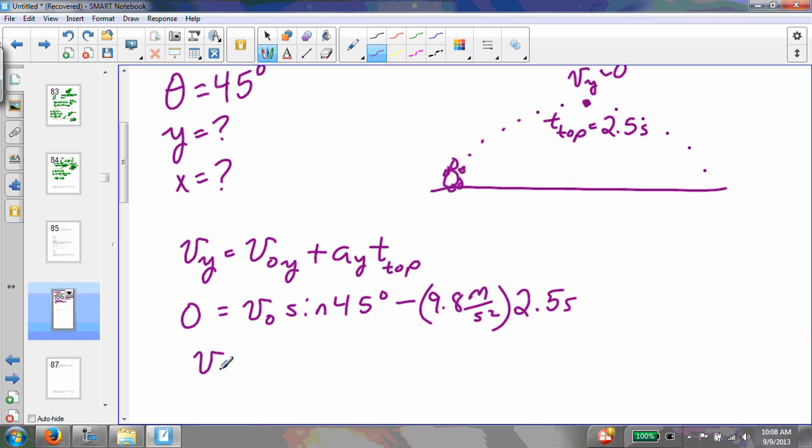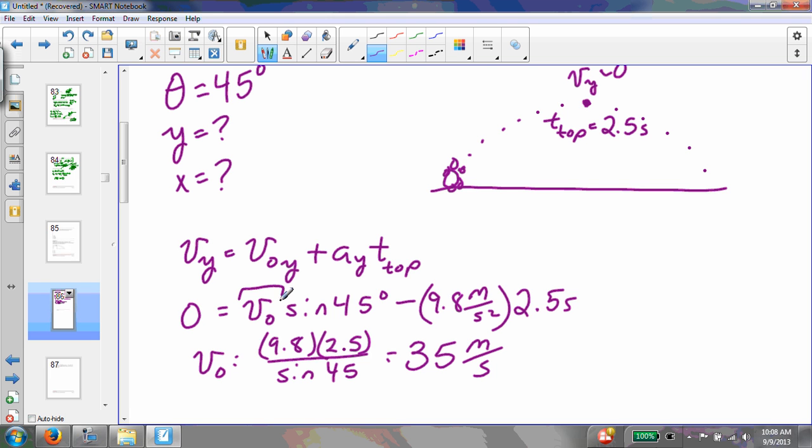If I solve this for V naught, that's 9.8 times 2.5 divided by the sine of 45. That gives me a V naught of 35 meters per second. Now, that's not the y component.